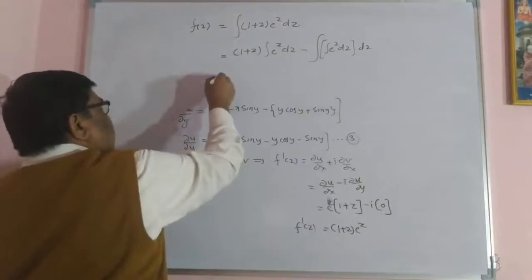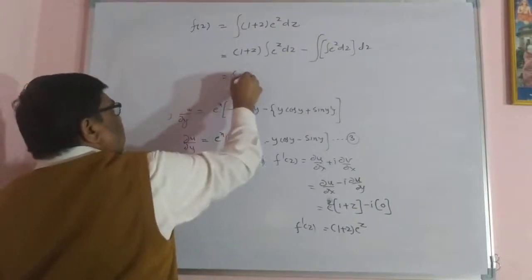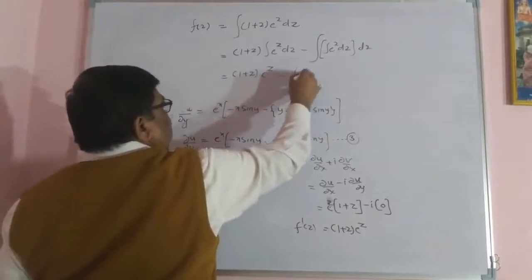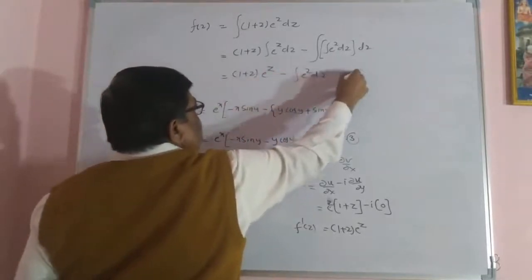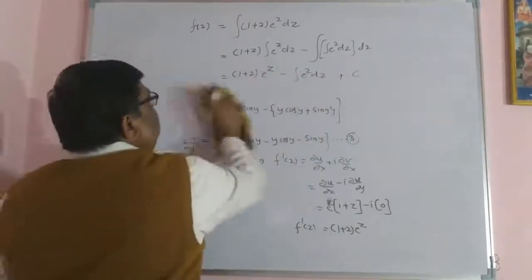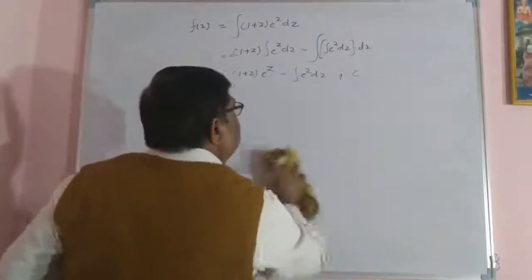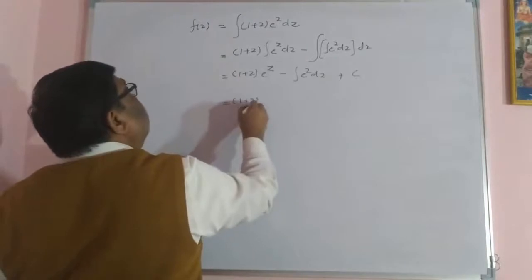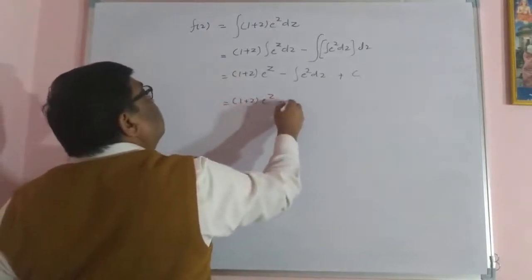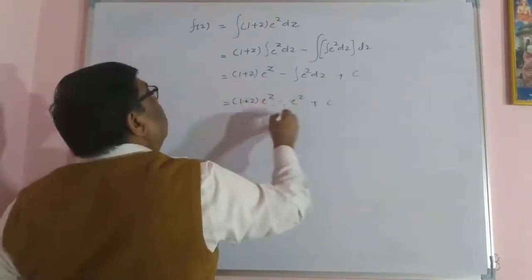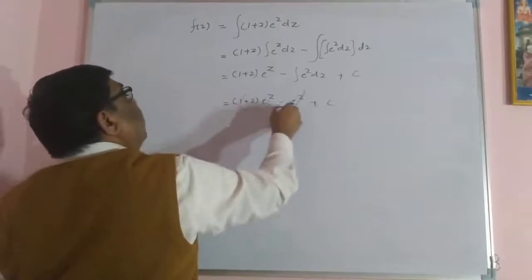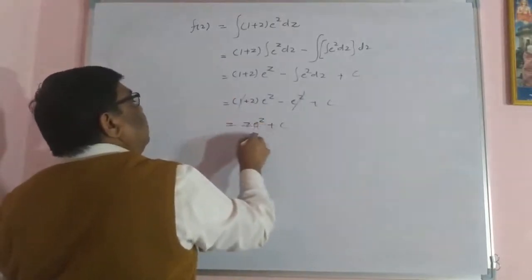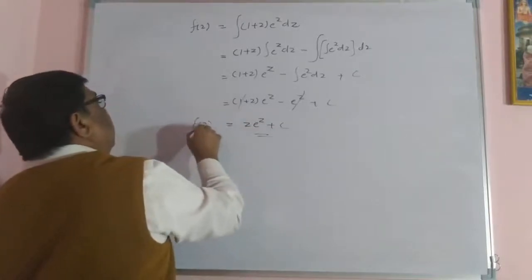Then it is 1 plus z, e raised to z, minus integration of e raised to z dz, plus some integration constant c. Then you have 1 plus z e raised to z minus e raised to z plus c. The e raised to z cancels: z e raised to z plus c. This is the analytic function.